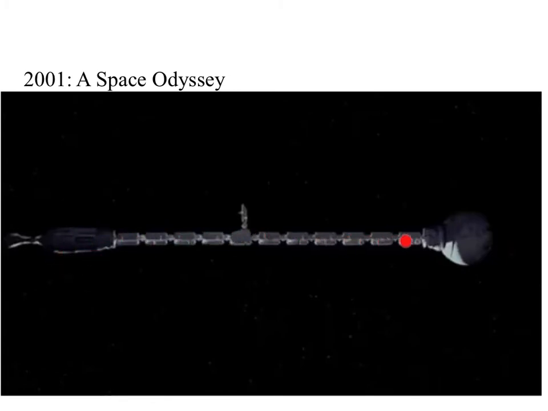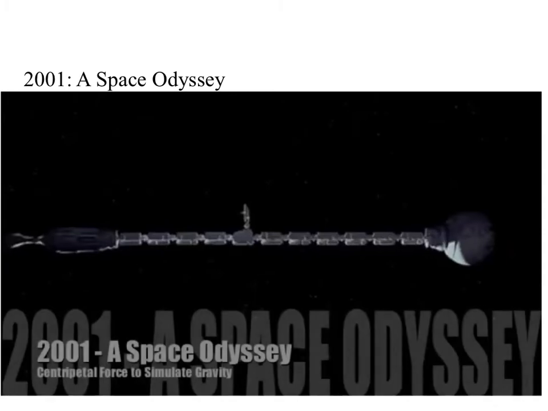This is mostly maintenance stuff, designed mostly to put the habitation thing far away from the hard-to-shield nuclear power plant. If you watch the movie, this is the antenna, which later on has tremendous plot impact, but we don't care about that right now. In the habitation section, this is spinning in and out of the page, actually. This is the axis of rotation, so that the astronauts can seem to have gravity, and that's what we'll see next.